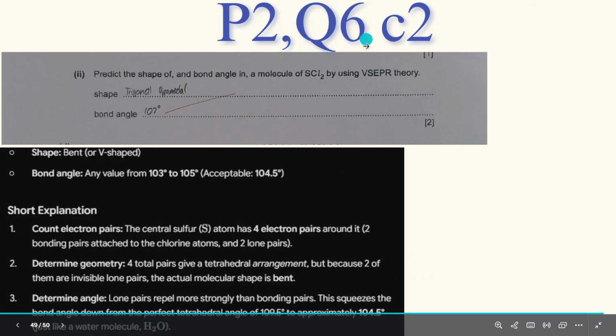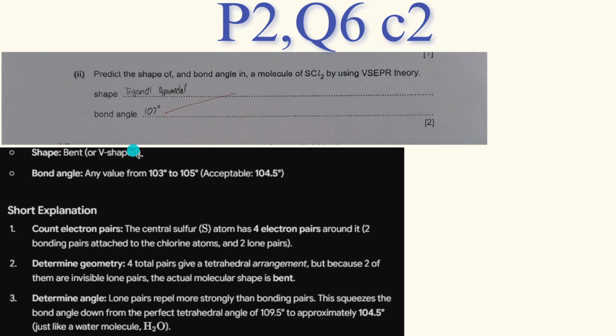Okay, question 6c2. Predict the shape and bond angle in a molecule of sulfur chloride by using VSEPR theory. Shape is bent or V shape, and bond angle is 103 to 105, acceptable, like 104.5. Explanation: first, you count the electron pairs. The central sulfur atom has 4 electron pairs around it, 2 bonding pairs attached to the chlorine atoms, and 2 lone pairs.